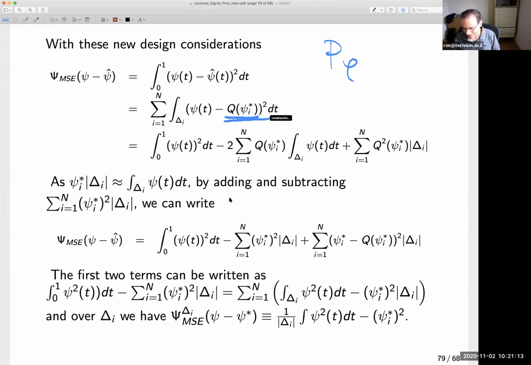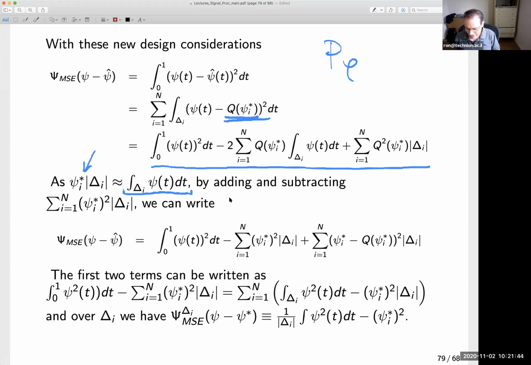So I have a new way of quantizing the phi values. And with the new quantization, this is how the error would look, where the only thing that we did is switch the average of the psi value at each and every interval by finding the average, okay? Average times the width of this interval.